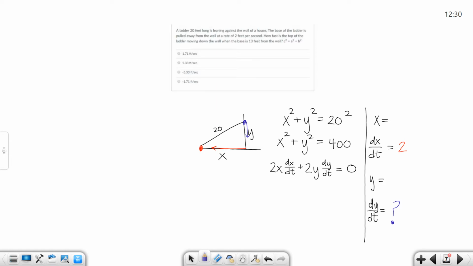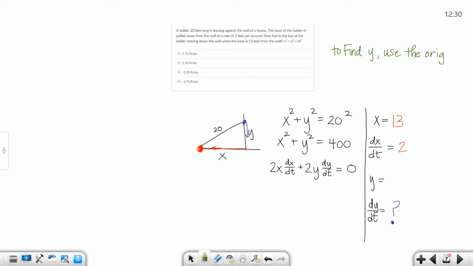Continuing through the problem, it says the base is 13 feet from the wall. Okay, here's your base again in the red dot. That base is 13 feet. That means x is 13 feet. But we still have to find y. So, as I've been telling you most of the semester, to find y, use the original.